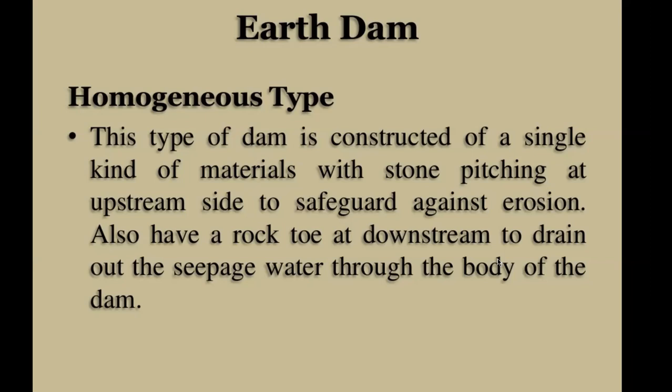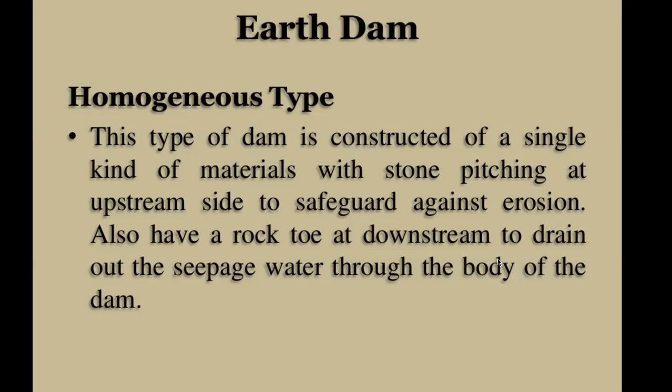This is really very important, as also explained in the previous class, that we allow seepage water to seep through the dam structure. Why? Just to release the uplift pressure.